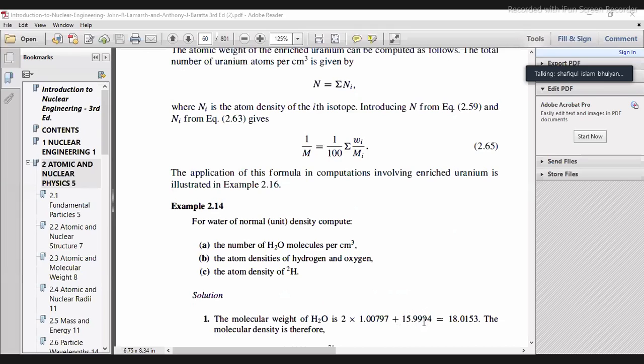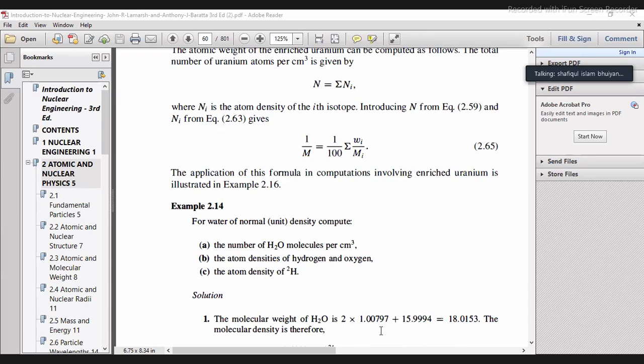One oxygen is 15.994 and hydrogen is this. So this is 18.03, the molecular weight of water. So atomic density is 1 and the density is 1 gram per centimeter cube. So we all know it.